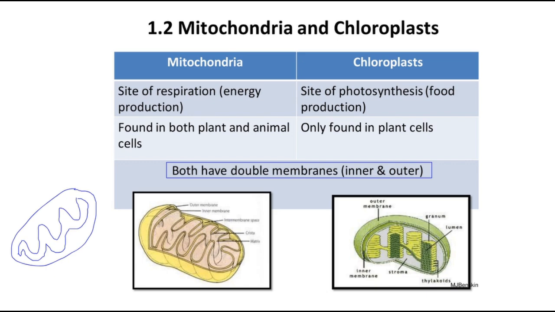On the other hand, you will notice the chloroplast, yes, they have the double membrane, but they have these stacks of membranes. And I like to call them like a stack of coins. So say you had some 5 cent coins and you stack them up. Imagine that inside of the chloroplast. These are the thylakoid membranes where the chlorophyll is actually going to be found. So this is where the green pigment will be stored.